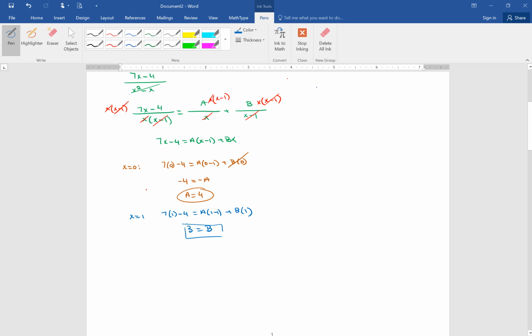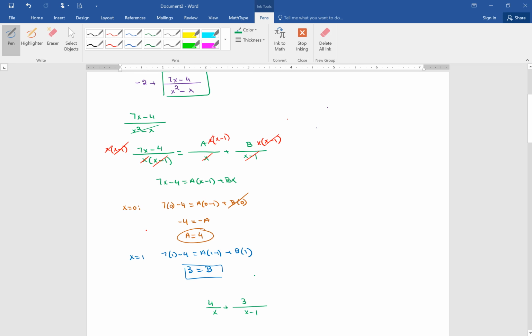That means my fraction is a over x, which is 4 over x, plus b, which is 3 over x minus 1. That's just the fraction. Don't forget that I had the negative 2 in front here.